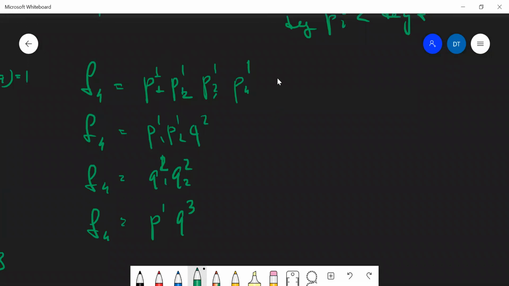Now, because of the uniqueness of this decomposition, all the polynomials we get here and the polynomials we get here are distinct. So we just need to compute the amount of each of these, add them all together, and this will be the amount of all reducible polynomials of degree 4.